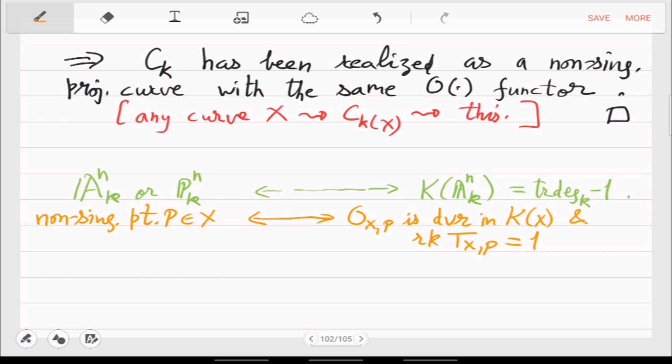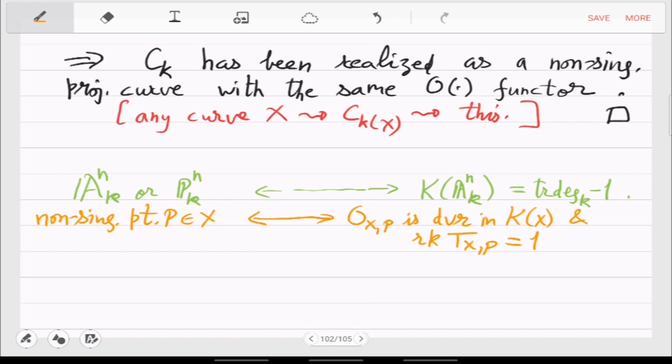So whenever you have a DVR, how do you go back to a point on the curve? Look at the DVR, look at its maximal ideal, it has a uniformizer, it's a principal ideal. So the uniformizer's zero gives you a unique point, that's the point P, right? So you can go back and forth via the uniformizer essentially.